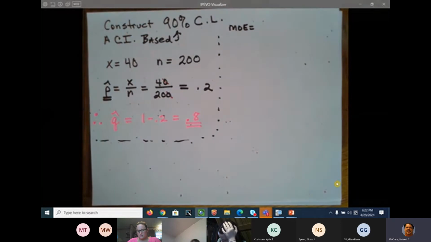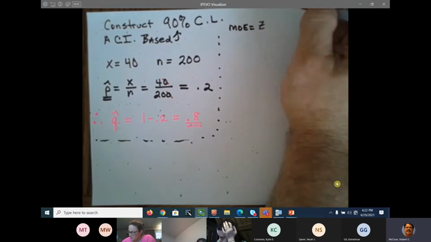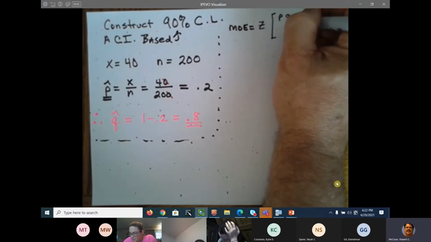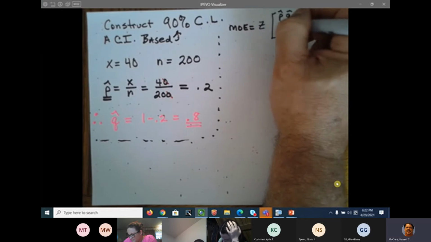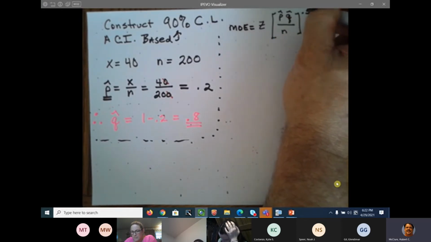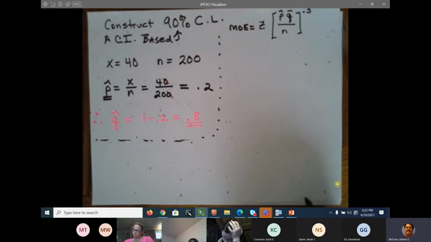Margin of error is equal to our z-score times P hat, Q hat over N raised to the 0.5 power. And I told y'all many times, I don't like to use the square root symbol, so I use 0.5. If you want to use the square root symbol, that's up to you.